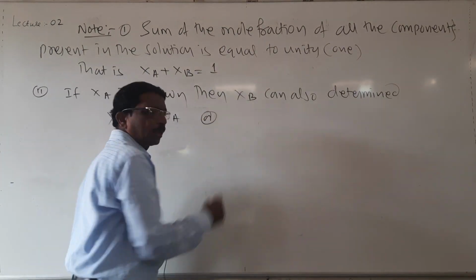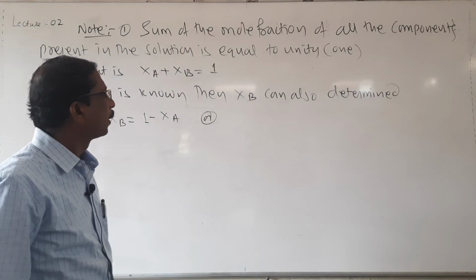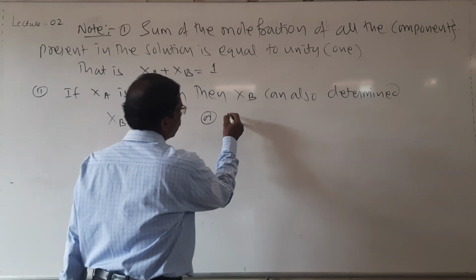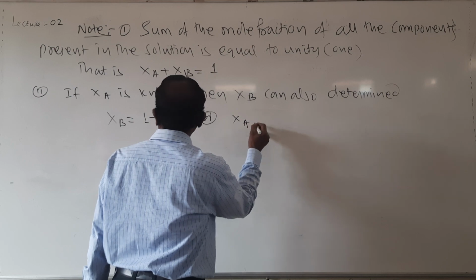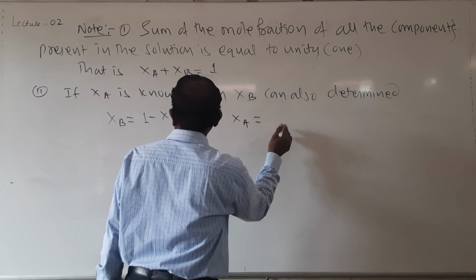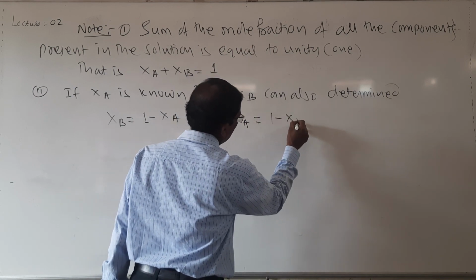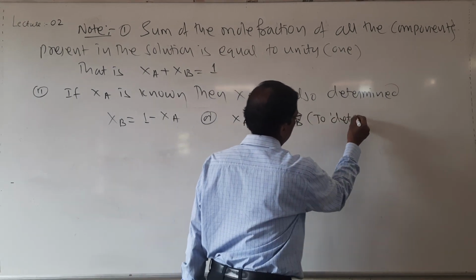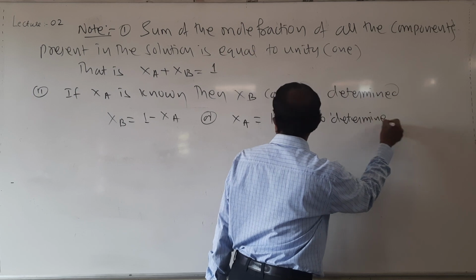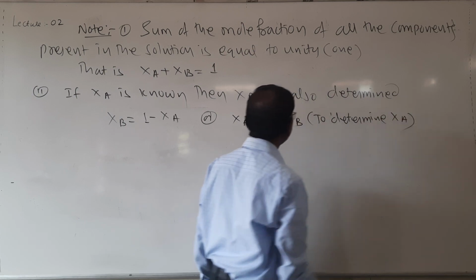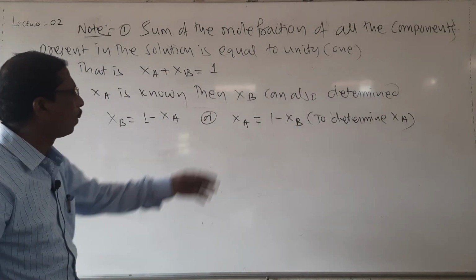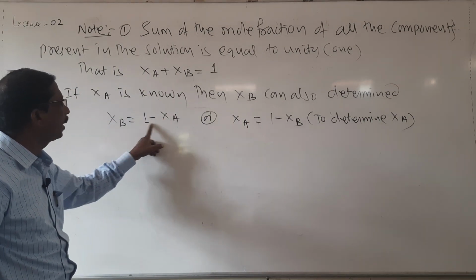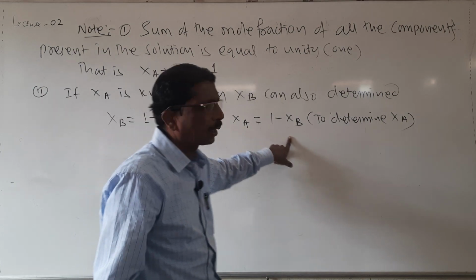Or if you know Xb, then Xa can be determined: Xa is equal to 1 minus Xb. That is, Xa plus Xb is equal to 1, Xb is equal to 1 minus Xa and Xa is equal to 1 minus Xb.